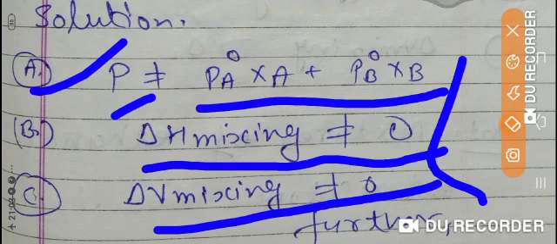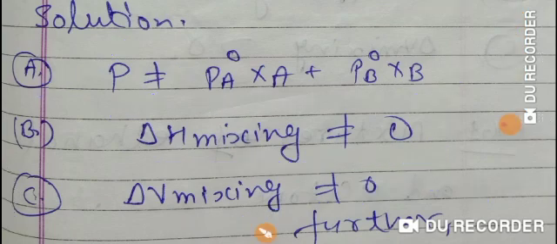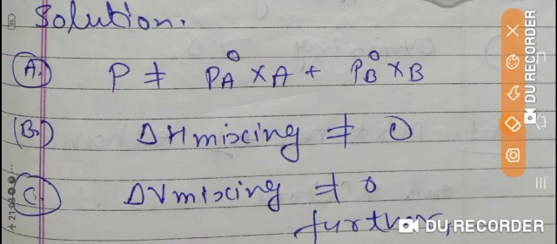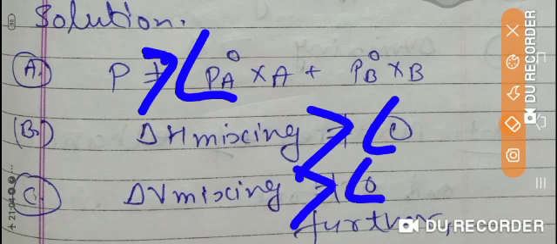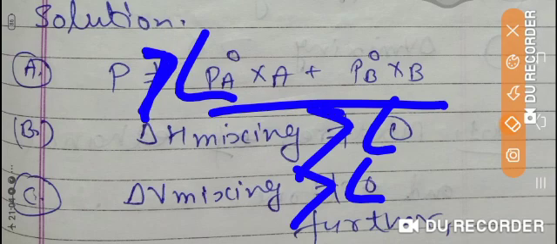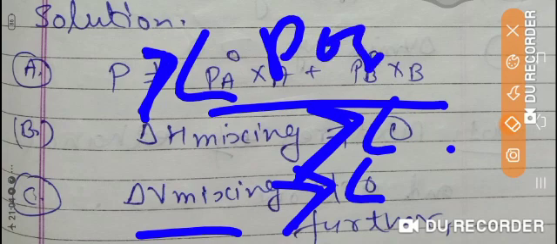Okay, as you can see in the ideal solutions video, all the things were equal. Here they are not equal, so there are two possibilities. Maybe this is greater or maybe this is less. If P, delta H mixing and delta V mixing are greater than these values, it is a positive deviation of non-ideal solution.